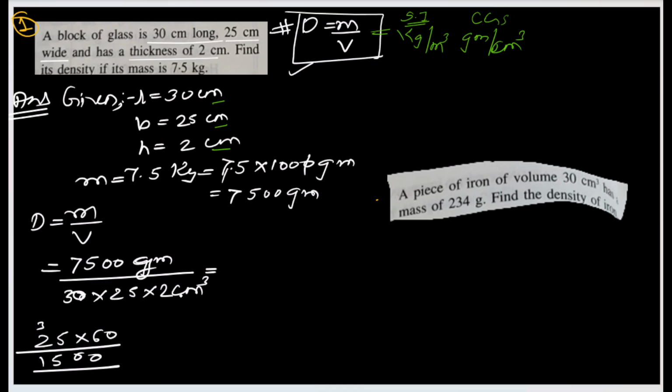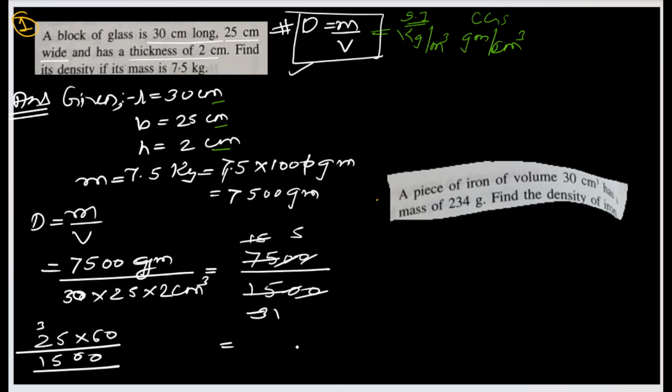And what is the final unit here? Centimeter cube. So 7500 divided by 1500 gram per centimeter cube. The 0 will cancel with this. Now in the 5 table, because everywhere there is a 5, it's simple mathematics. 5 threes are 15, 5 fives are 25, 3 ones are 3, 3 fives are 15.